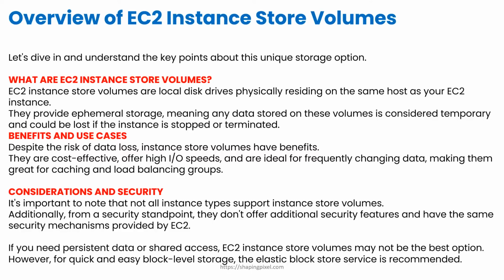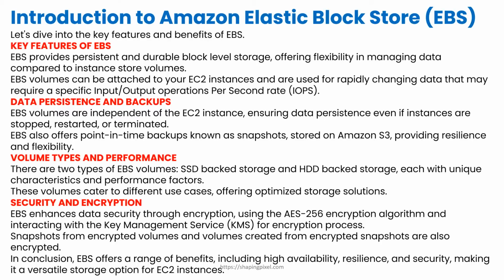However, for quick and easy block level storage, the Elastic Block Store service is recommended. So, an introduction to Amazon Elastic Block Store. Let's dive into the key features and benefits of EBS. EBS provides persistent and durable block level storage, offering flexibility in managing data compared to instance store volumes.